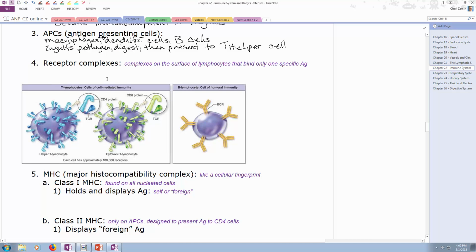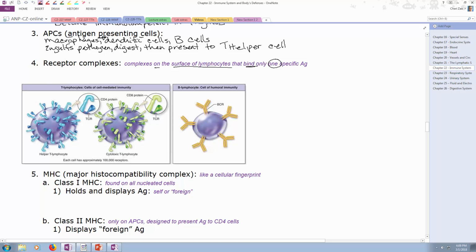Receptor complexes, major histocompatibility complex. So let's talk about some other complexes that are on the surface of our cells. And these are receptor complexes. So they are on the surface of lymphocytes, and they are designed to bind only one specific antigen or antigenic determinant.